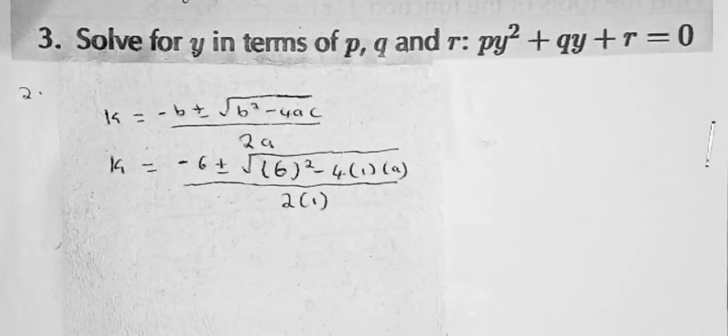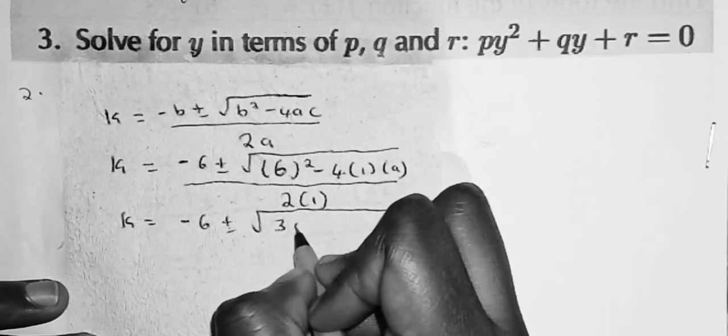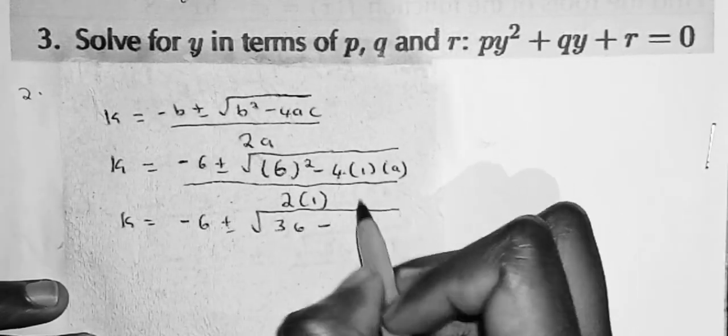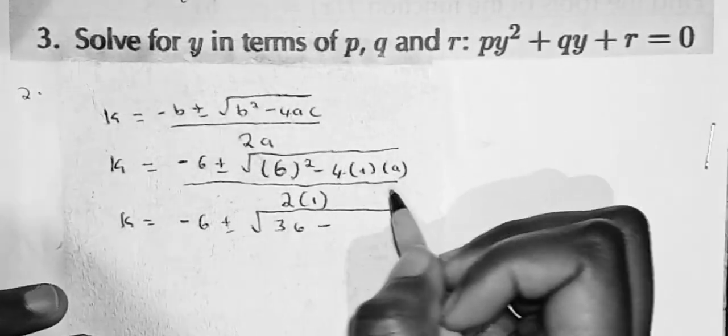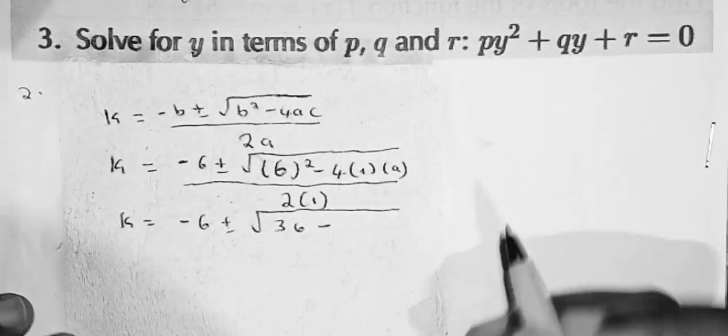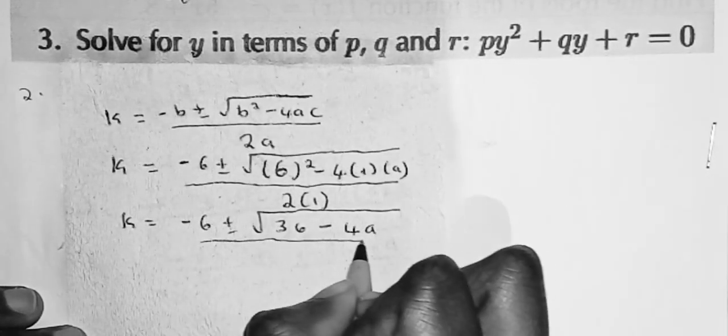After that, I'm using my calculator. 6 squared is equal to 36, minus 1 times a is 1, and then a times 4 is 4a, all over the 2.